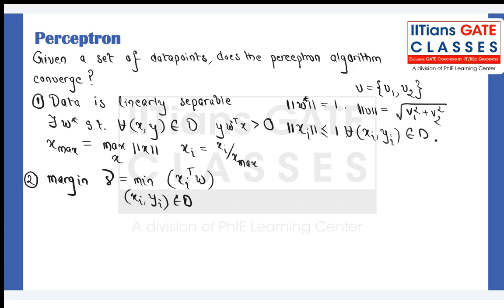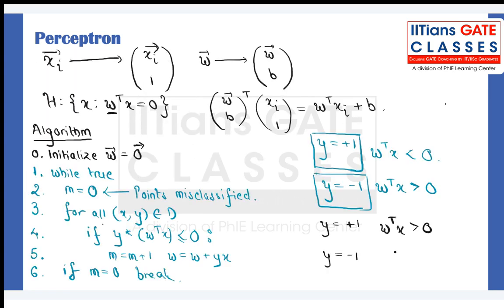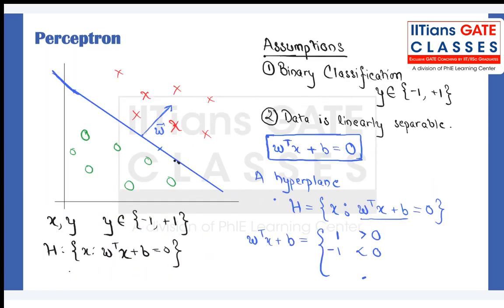Right, the distance of that point from the hyperplane is minimum. So what I mean by this is, if I look at any simple sample data, let's say here, across all data points, the point that is closest to the hyperplane is this one. And so this is my margin.